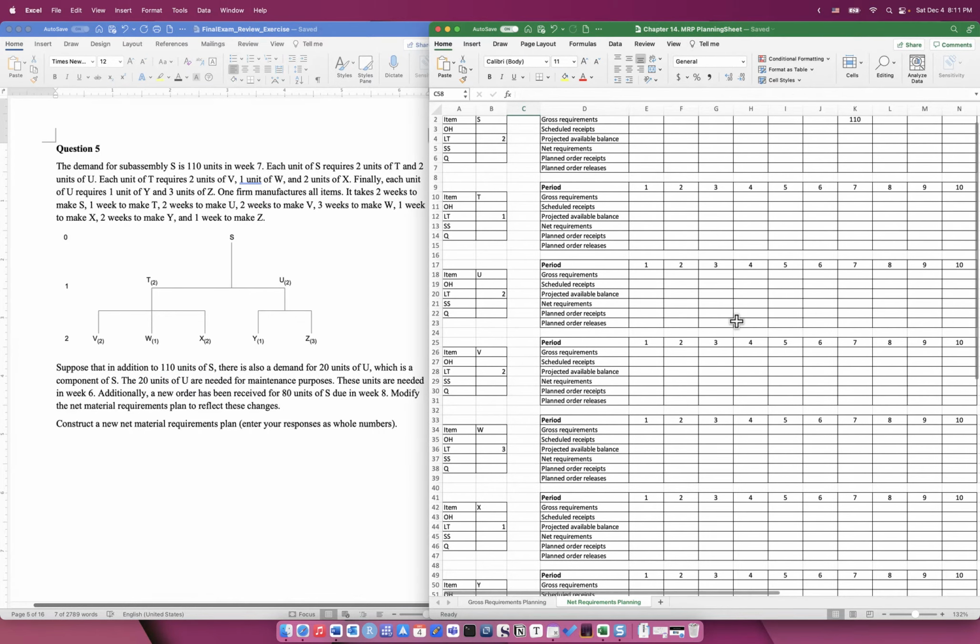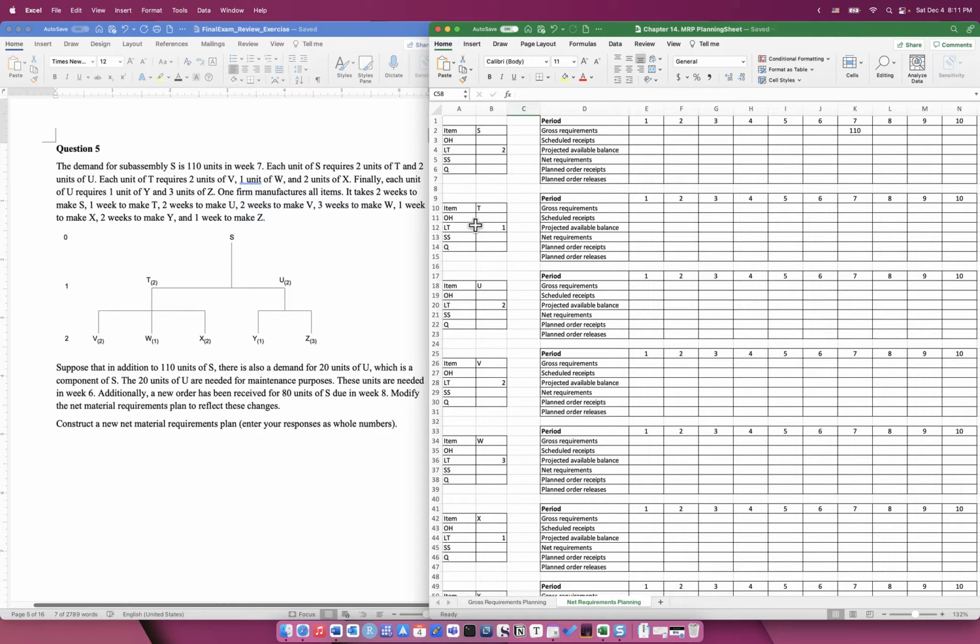So in week 6, U needs to deliver 20 here. I'm pretty sure you may have to change this quantity later, but I'm just going to put it here for now. A new order has been received: 80 units of S due in week 8. So in addition to 110, you need an additional 80 units of S by the end of week 8.